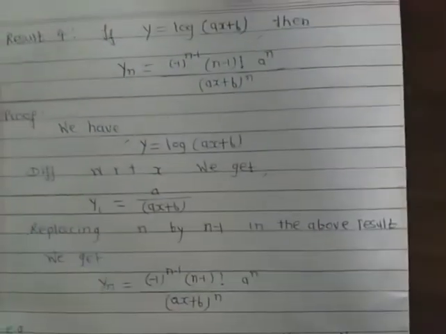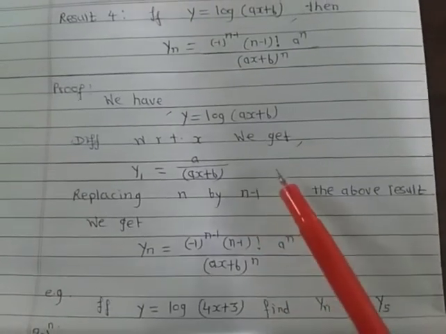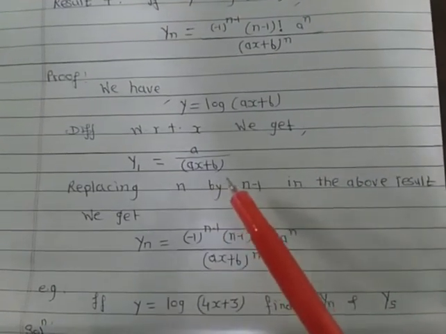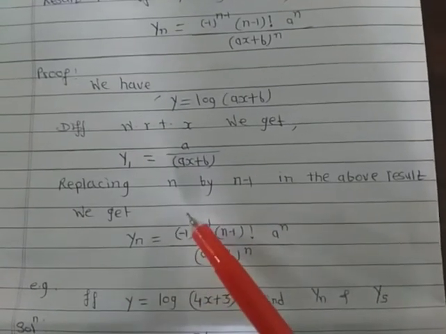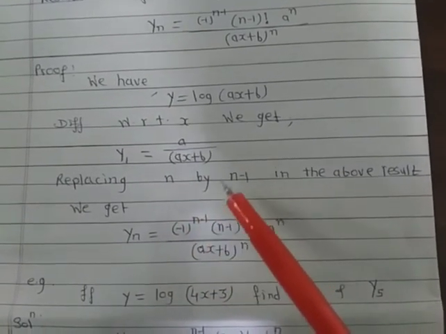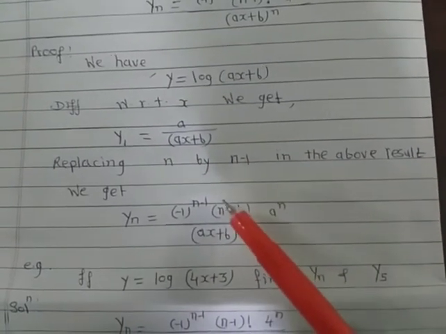We have to prove this result. We have given that y equal to log of (ax + b). Differentiating with respect to x, we get y1 equal to 1 upon ax plus b and derivative of the bracket is a. That is, we get a upon ax plus b.